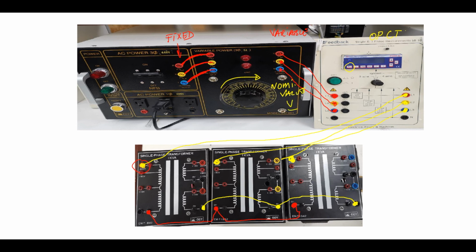Once we display the nominal value here, we stop and start recording our voltage, current, the three powers, the active power, reactive power, and the apparent power, and also the power factor. One more thing, we switch off after that by pressing this green button, which is the off button. Press this one and this will trip the circuit breaker, so no power goes to that transformer.